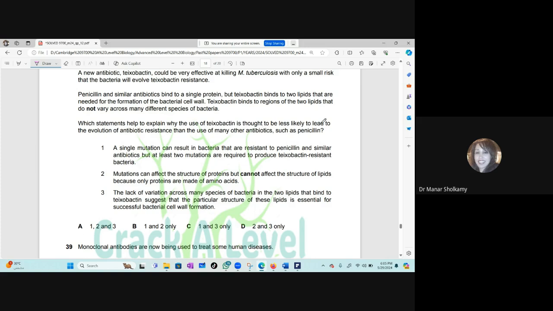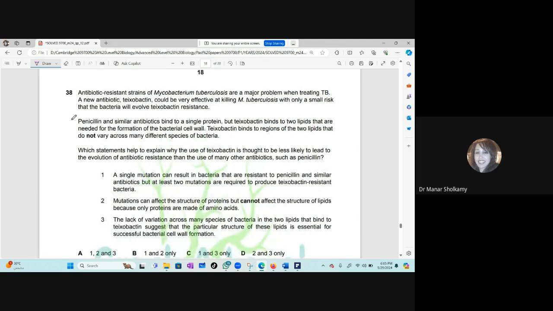A single mutation can result in bacteria that are resistant to penicillin and similar antibiotics, but at least two mutations are required to produce Teixobactin resistant bacteria. Let's stop. Is one right or wrong? They're telling you that Teixobactin binds to two lipids that are needed for the formation of the bacterial cell wall.